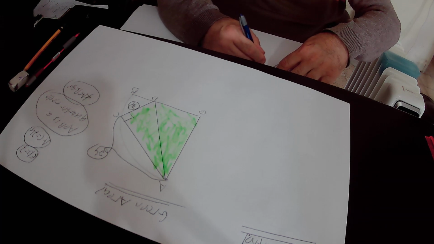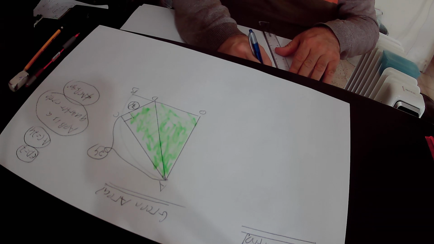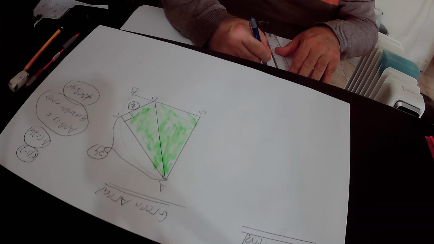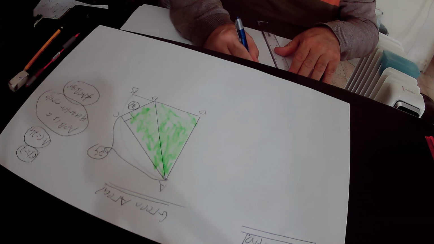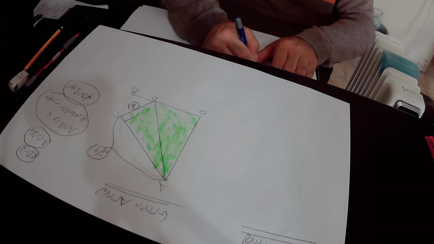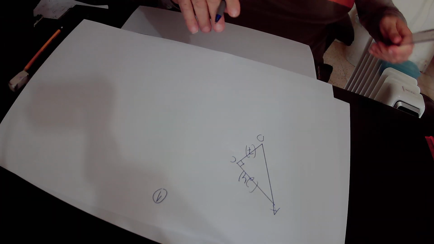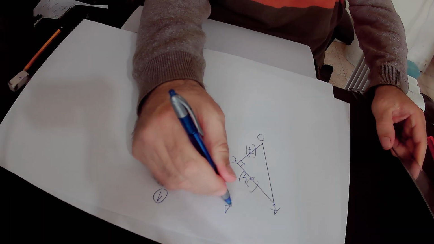Angle ACD equals 90 degrees. So this is the right triangle ACD that I copied from the original drawing.